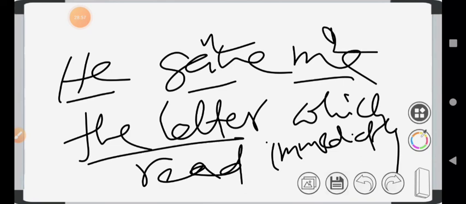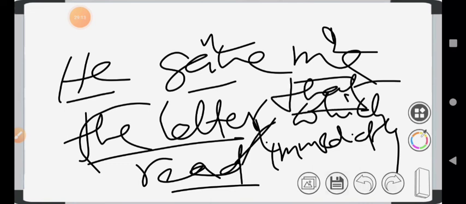It gives additional information about the direct object, the noun phrase, which I read immediately. It is a non-defining relative clause. Here we keep the comma. Without the comma, and with the relative pronoun that, it is a defining relative clause.